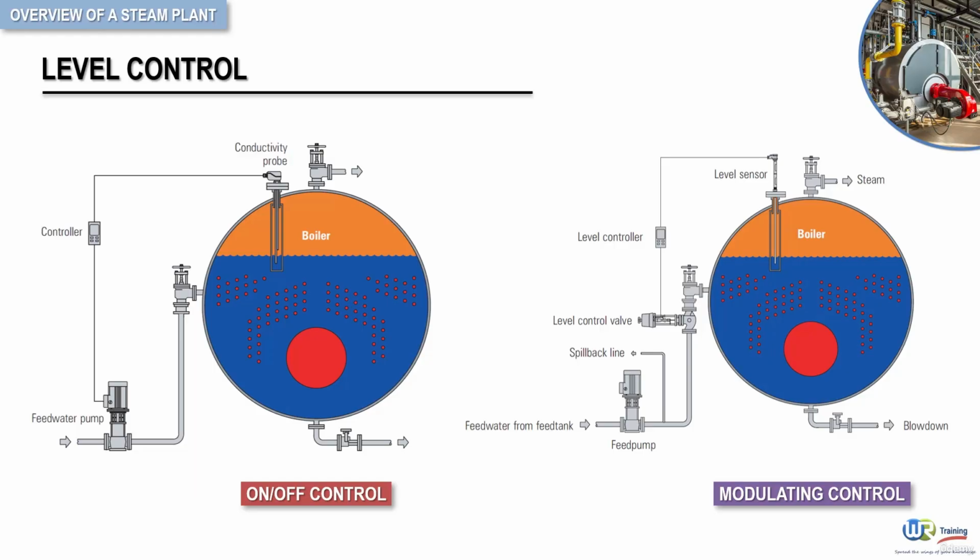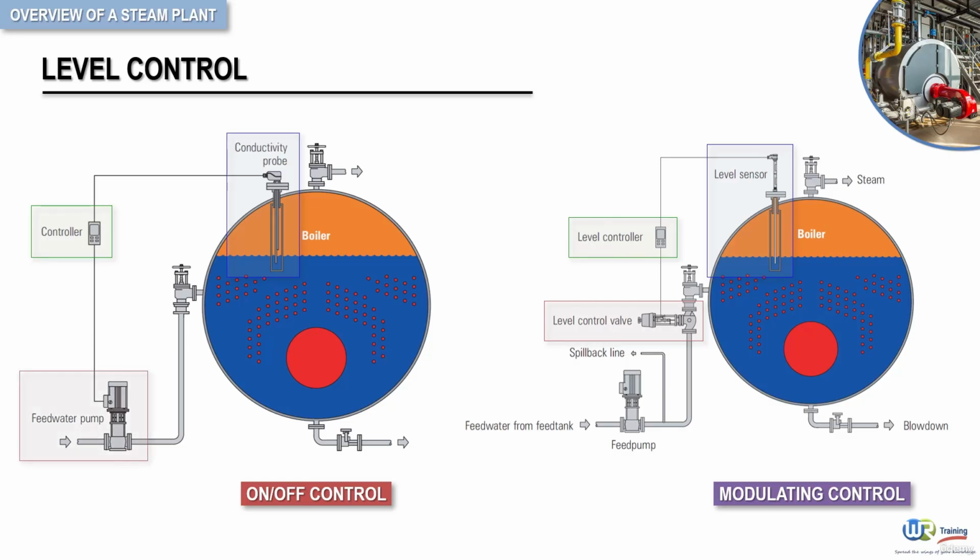A common method of level control is to use probes or sensors, as seen here, which sense the level of water in the boiler. At a certain level, a controller will send a signal to a control valve or a feed pump which will operate to restore the water level, switching off when a predetermined level is reached.